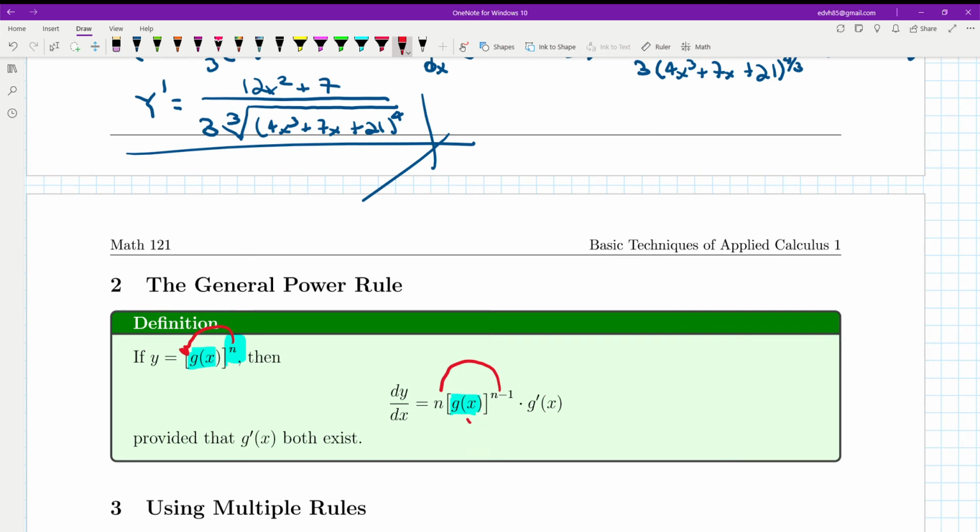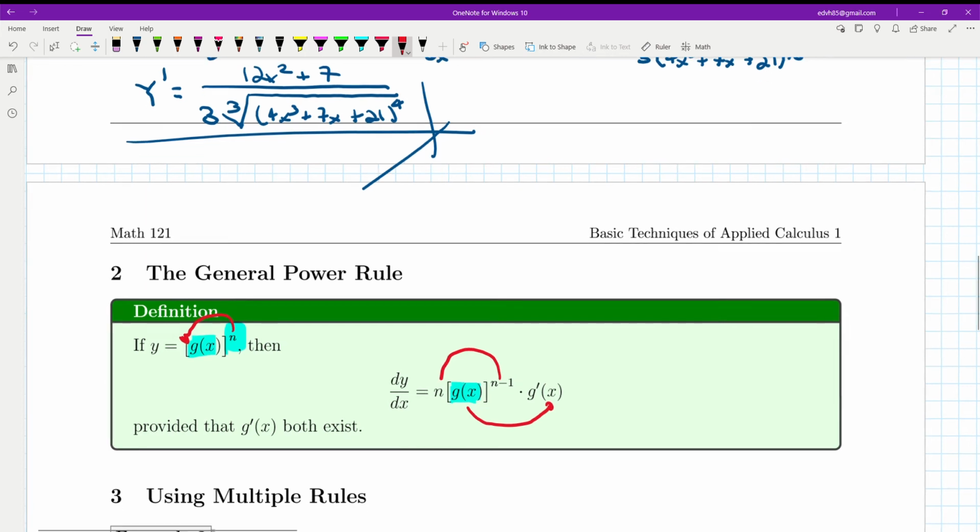However, what we do is multiply this a bit further by the derivative of the quantity inside of the radical or inside of the parentheses, and later on it will be the derivative of the exponent of an exponential function, or the derivative of the expression inside of the argument of a logarithmic function.